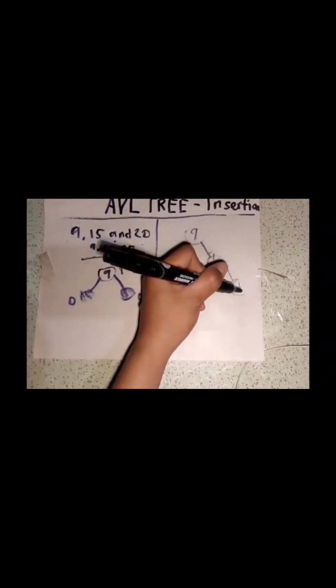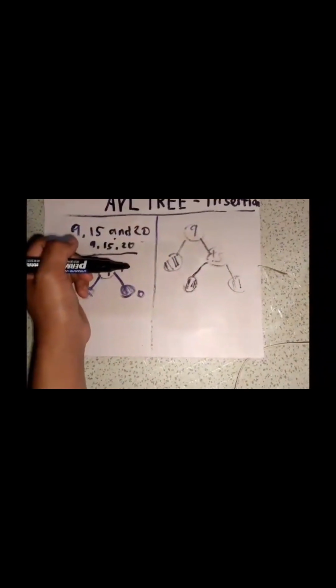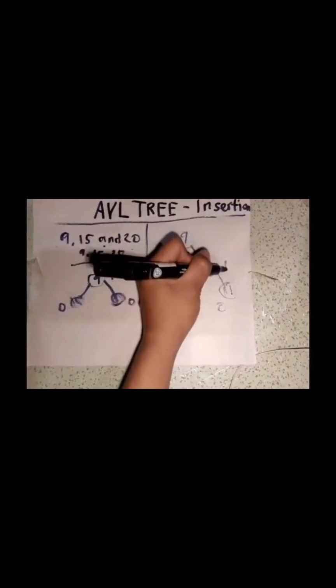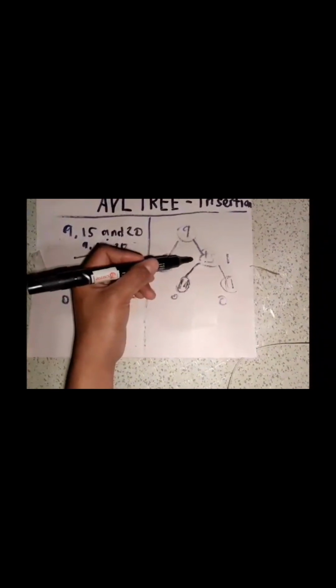Now I'm going to check the height differences. I have added 15, so I'm going to start from its external nodes. External nodes have a height of 0. 15 will have a height of 1. Then we check 15's sibling, the external node with a height of 0.